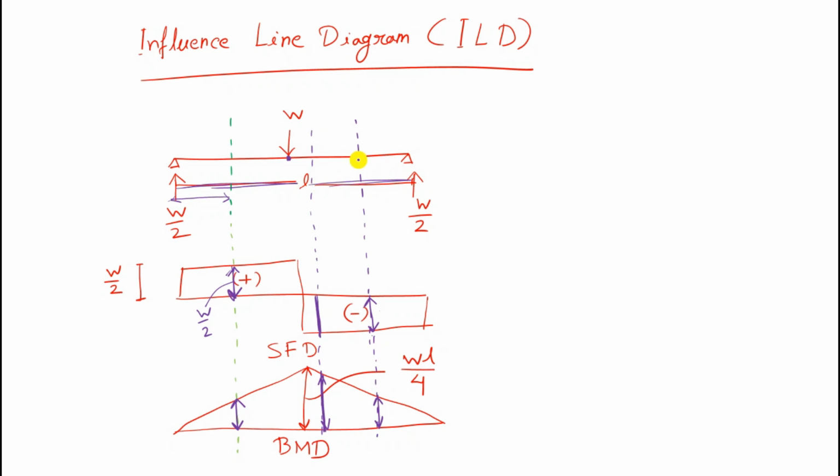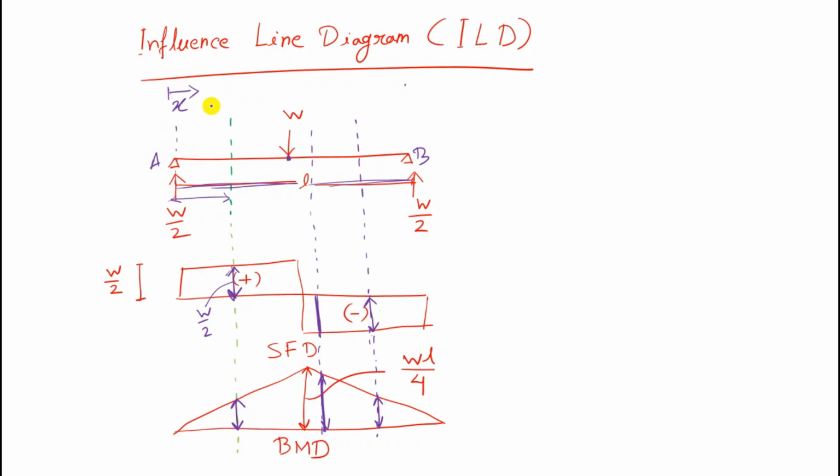Now we just start from this point. Say this is A and this is B. You just start from this point and you can vary the position of the section from point A. Suppose this is x. When x is equal to 0, the section lies at this point.